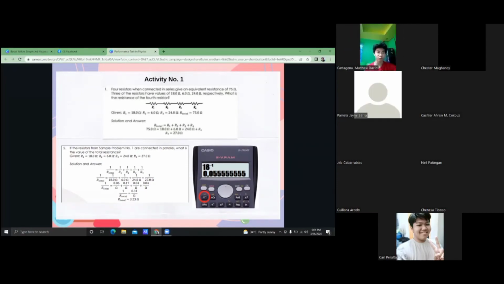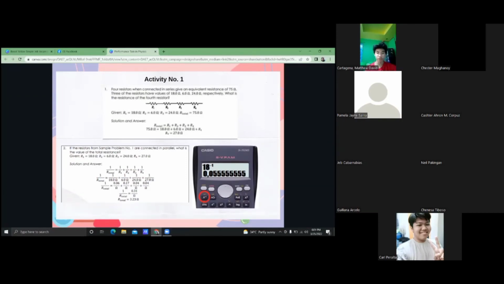For problem number 2, if the resistors from sample number 1 are connected in parallel, what is the value of the total resistance? For this question, it is asking for the total resistance of a parallel circuit, which the formula is 1 over total resistance is equal to 1 over R1 plus 1 over R2 plus 1 over R3 plus 1 over R4.